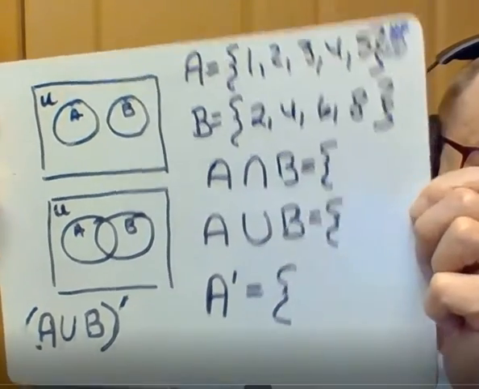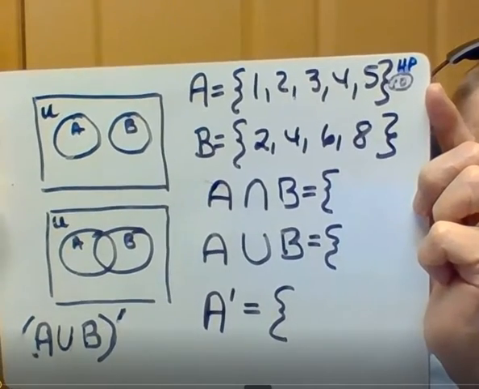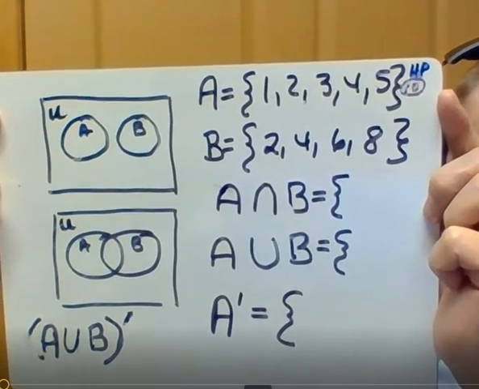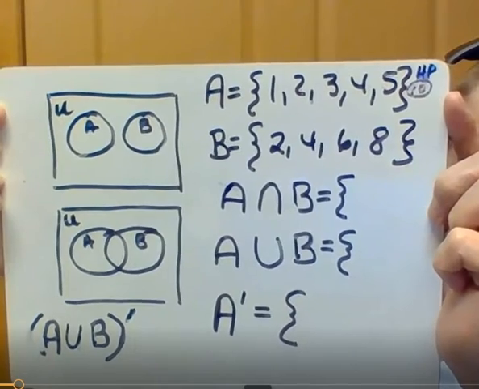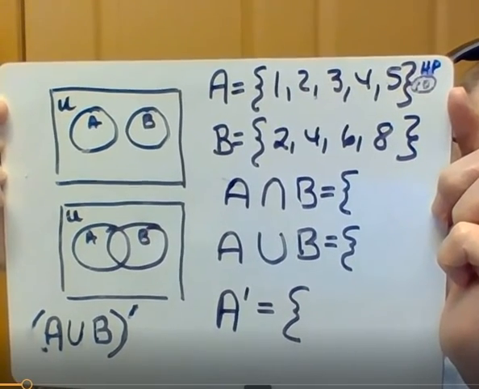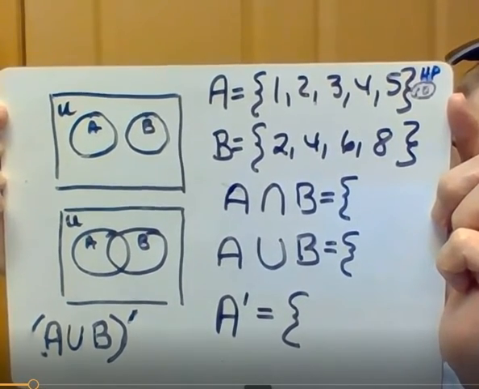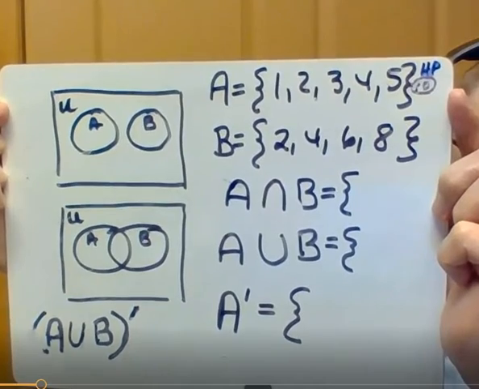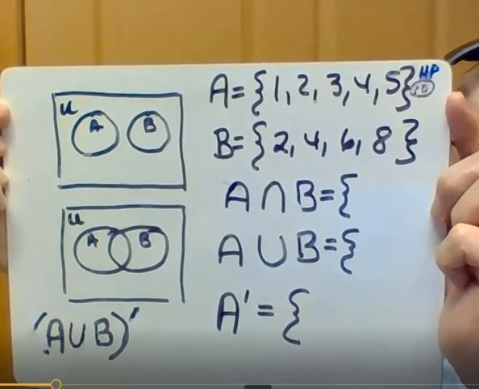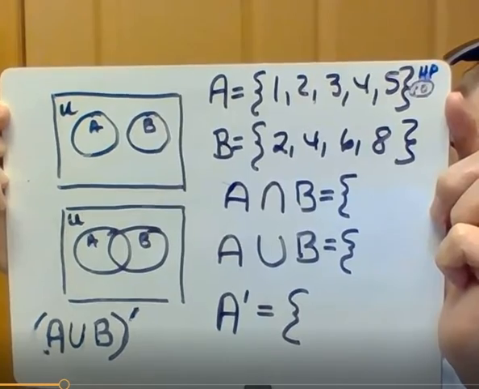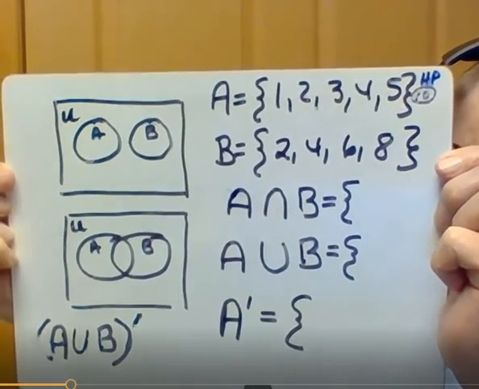Now, as we look over here, set A is defined by the numbers 1, 2, 3, 4, 5. What notation is that in? That's in roster notation. B is defined as the set 2, 4, 6, 8. That's also in roster notation.